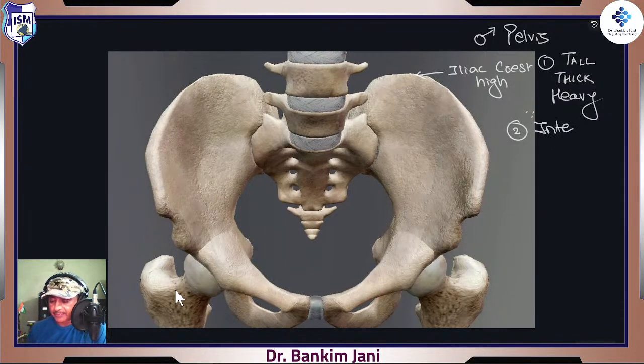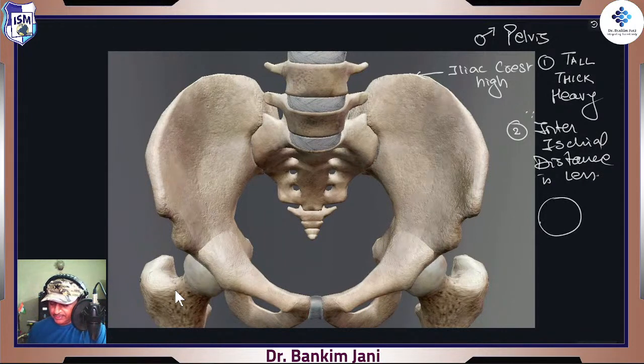The interischial distance, theoretically, is less. What difference would it make? Draw a circle, and if these two points are dragged near to each other, the final shape would be something like this. It would be converging anteriorly because this distance has been decreased.